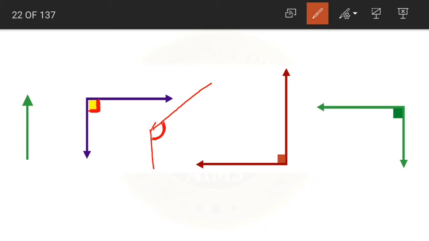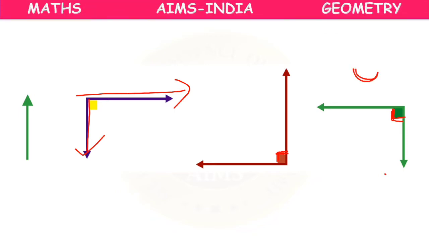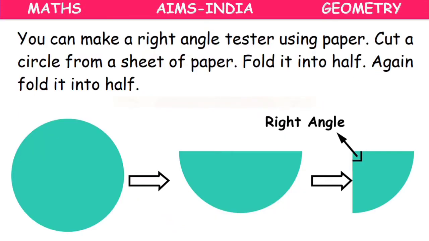But as it is a right angle, we draw this L shape here. Is this clear, children? An angle which is formed in the L shape is called a right angle. And this is also an important thing to remember, that we draw an L shape here instead of the normal semicircle.